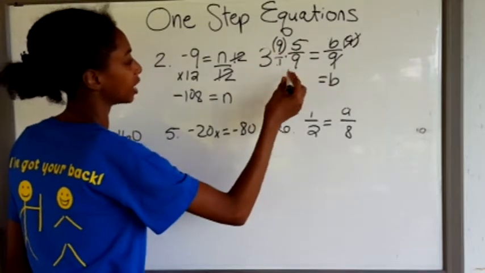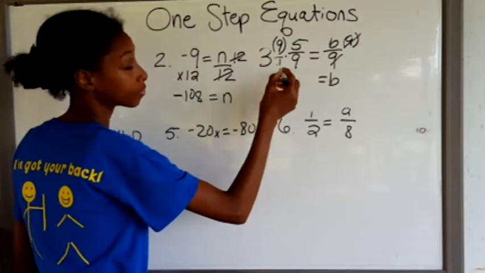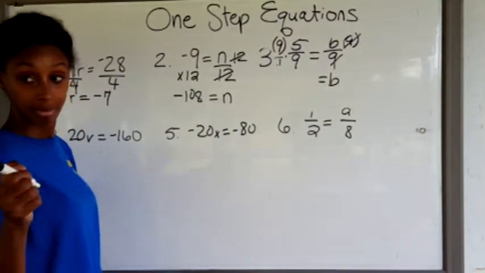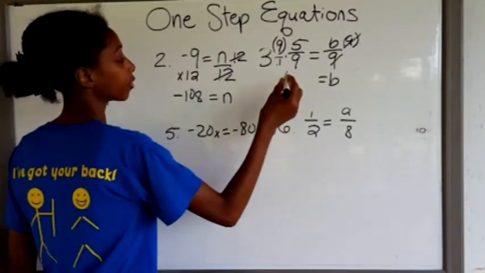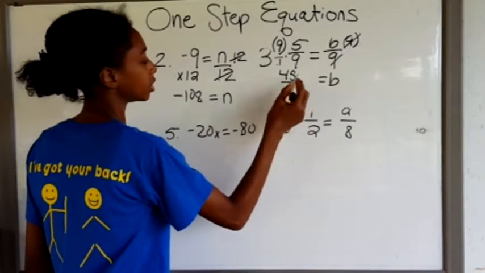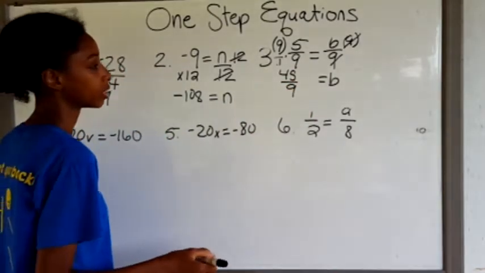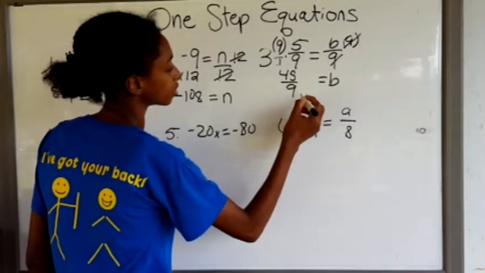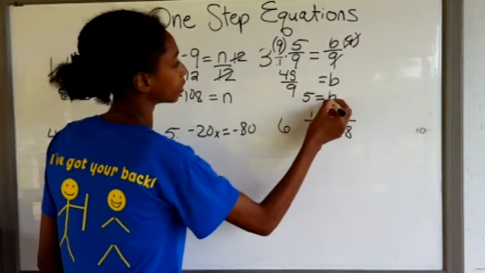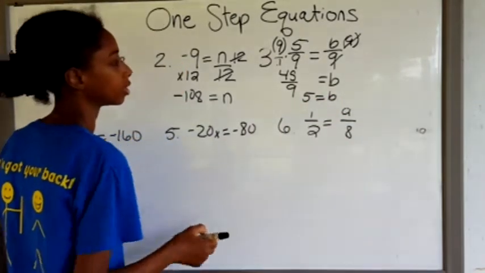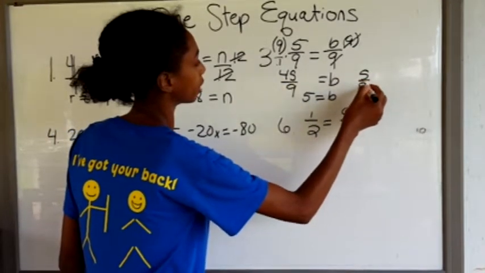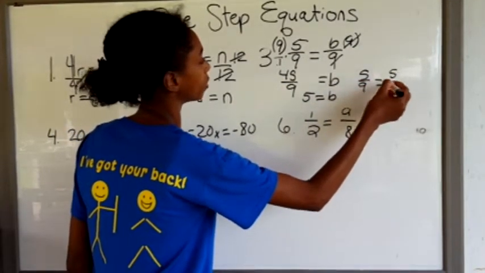So 9 times 5 equals 45. And then 9 times 1 is 9. So 45 divided by 9 is 5. So 5 equals b. Which if we plug it in, then we see that 5 over 9 does equal 5 over 9.